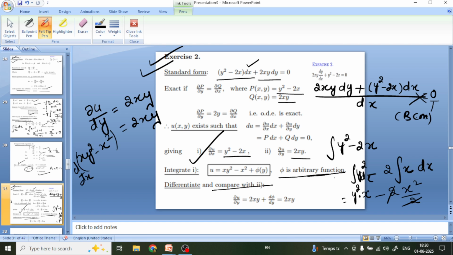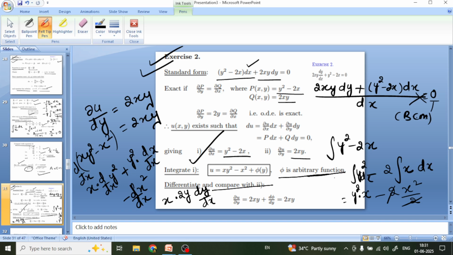When we take the derivative, x times the derivative of y² plus y² times the derivative of x minus the derivative of x², x into 2y dy over dx plus y² minus 2x.